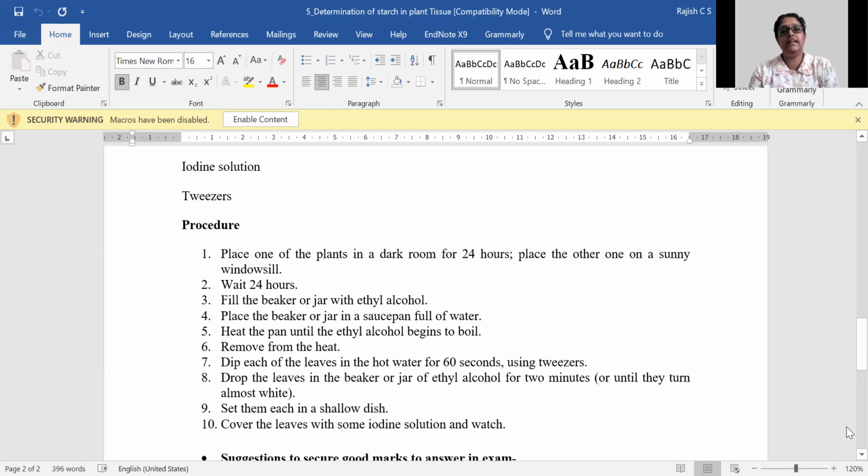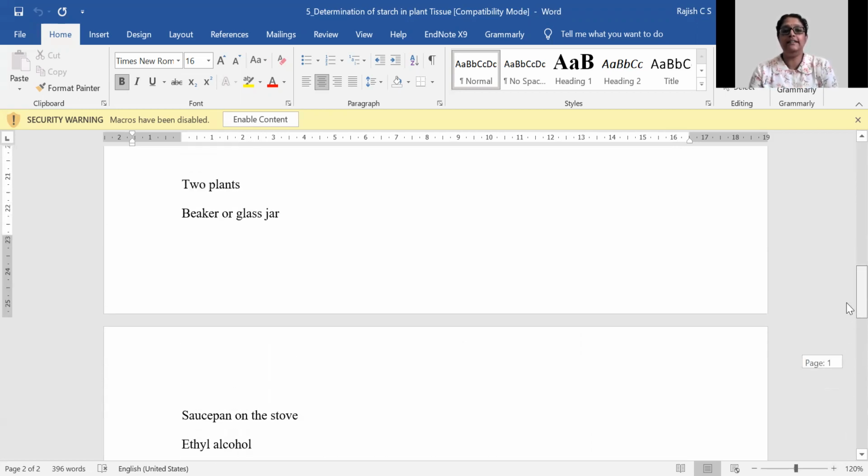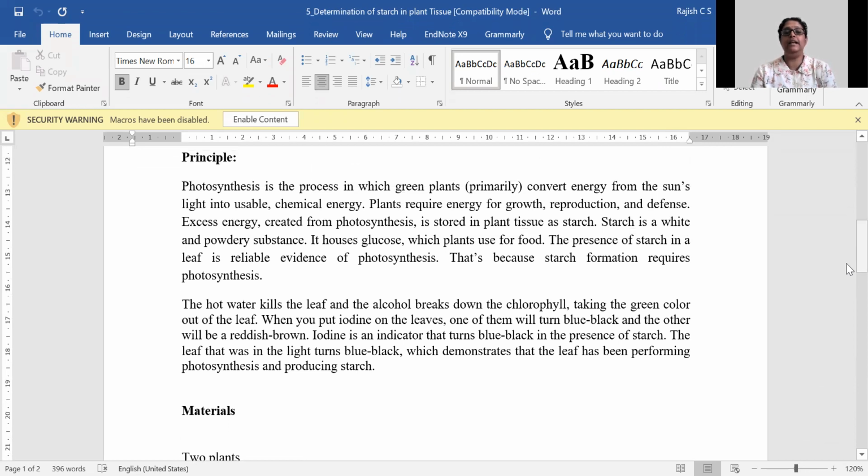So what is happening over there? That is the basic principle of this experiment. The hot water will kill the viable contents of that leaf, and once that is happening, it will break down the chlorophyll and remove all the green color, all the unwanted pigments out of the leaf.